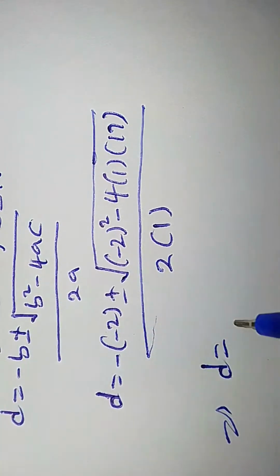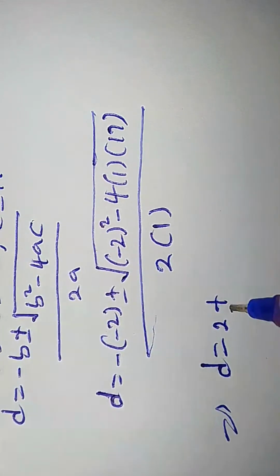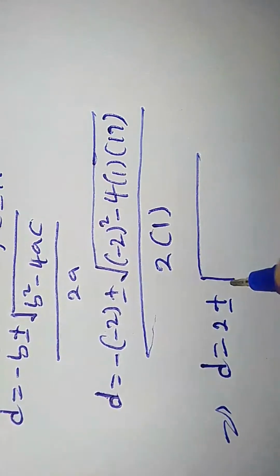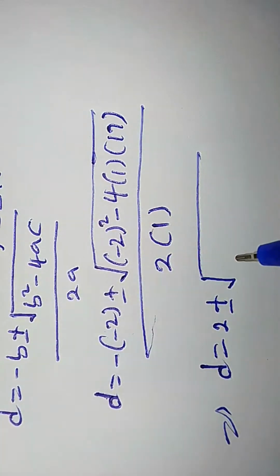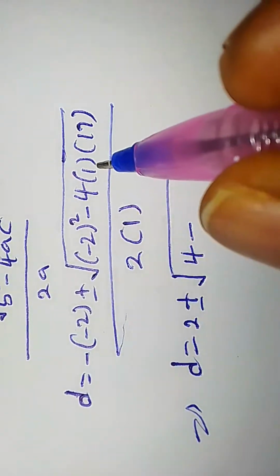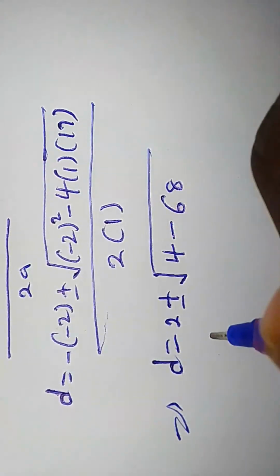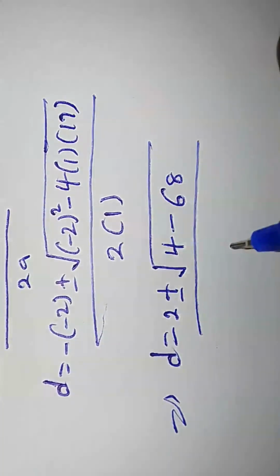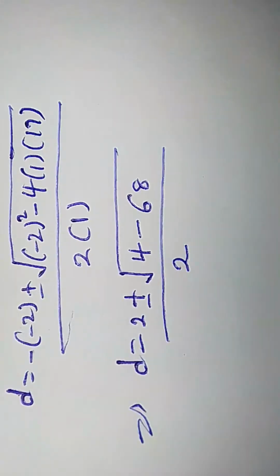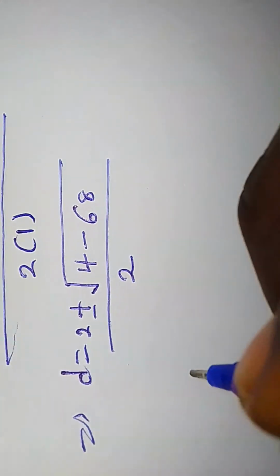This means that d is equal to minus times minus 2, that is 2, plus or minus the square root of (-2)^2, that is positive 4, minus 4 times 1 times 17, that is 68, divided by 2 times 1, that is simply 2. Let's proceed further.